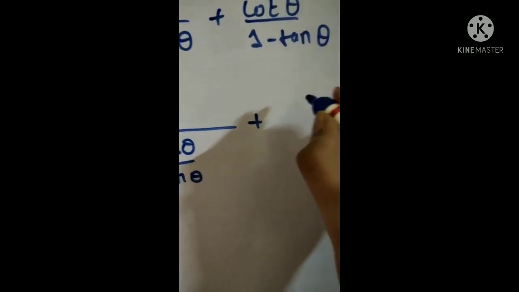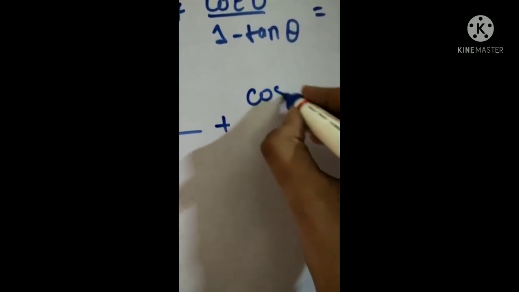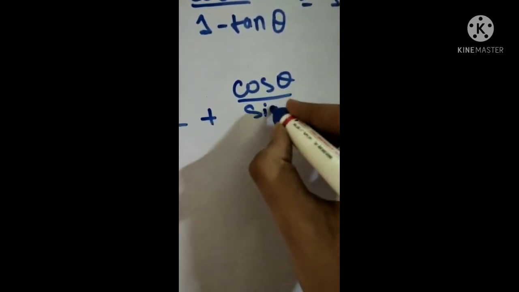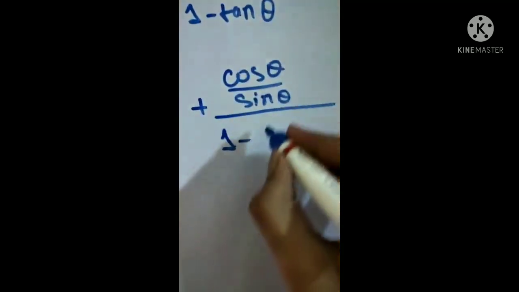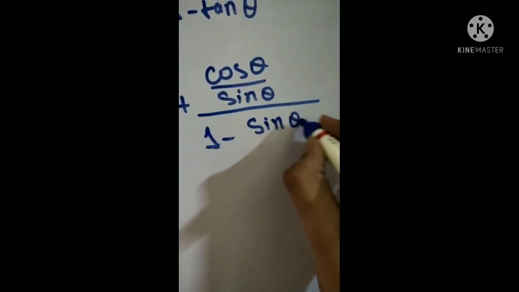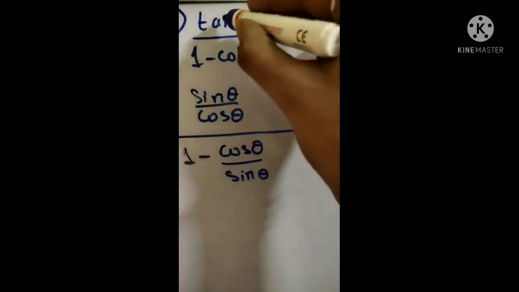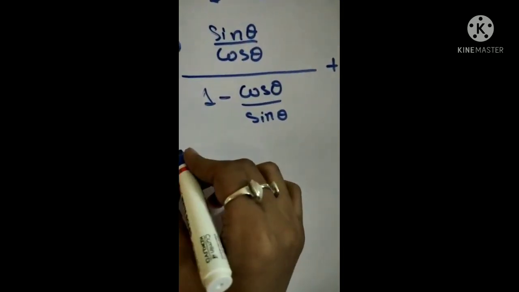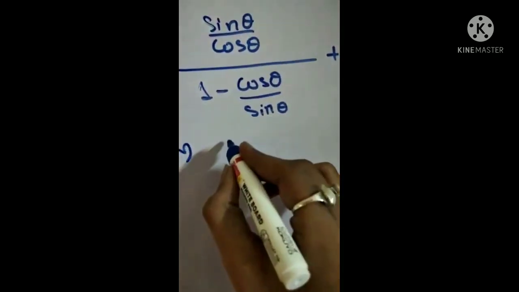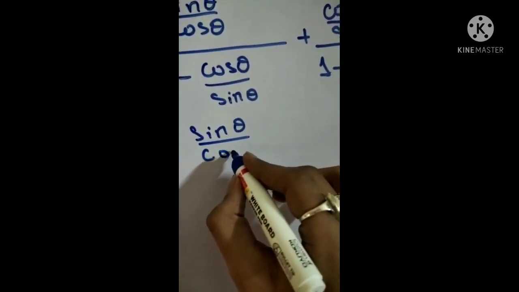Plus, here cot theta we can write cos theta by sin theta, divided by 1 minus tan theta, where tan theta can be written as sin theta by cos theta. So I have converted tan and cot with respect to sin and cos.